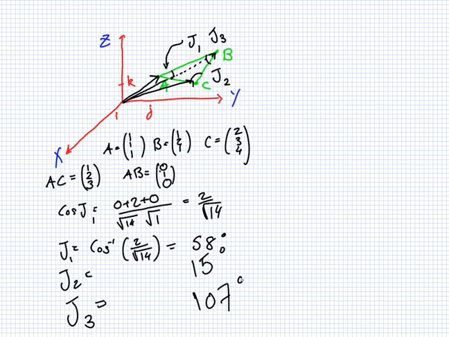What you got? 107 is right, because you can check since they should total 180.